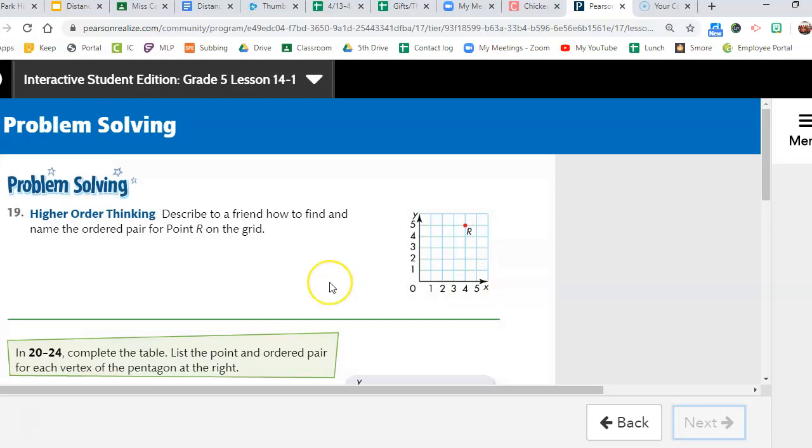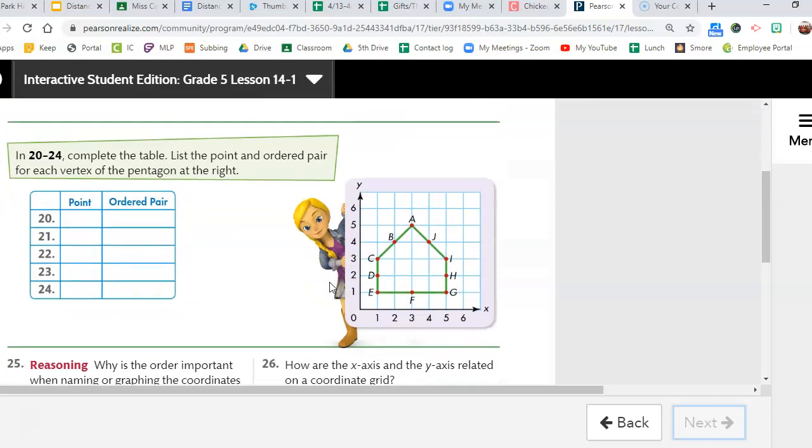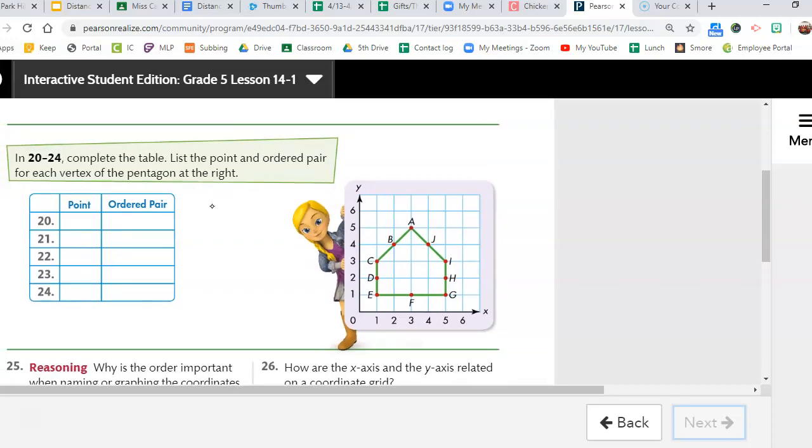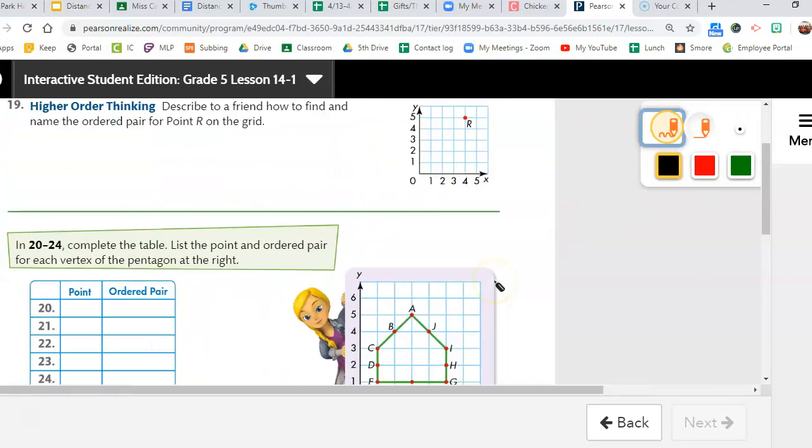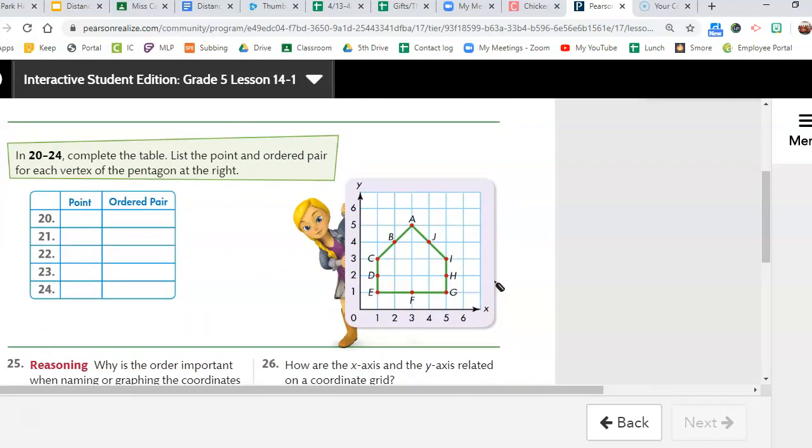So hopefully it loads. All right, here we go. It says, in 20 to 24, complete the table. List the point and ordered pair for each vertex of the pentagon. So, oh, I need my pen. Okay, so the important word here is vertex. Vertex is going to be each corner of the pentagon.